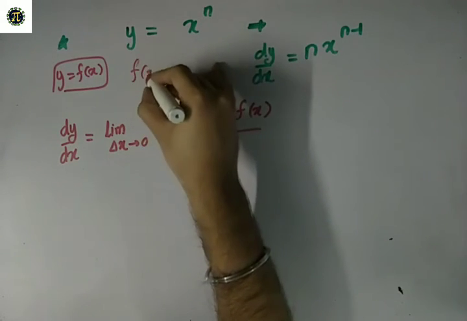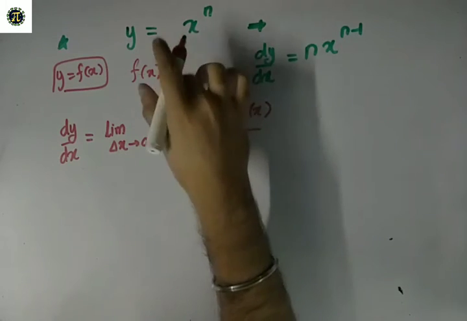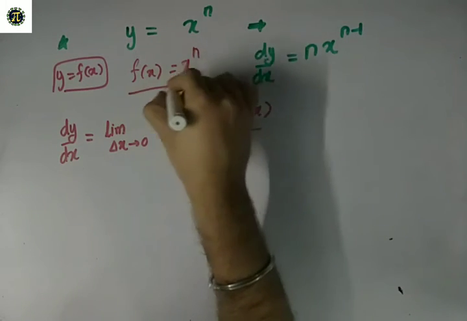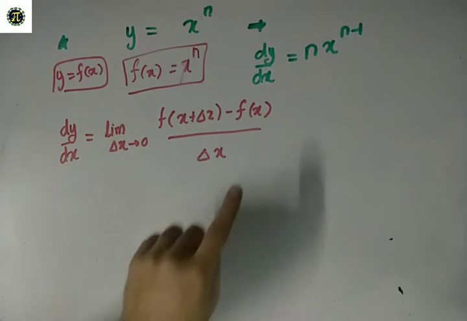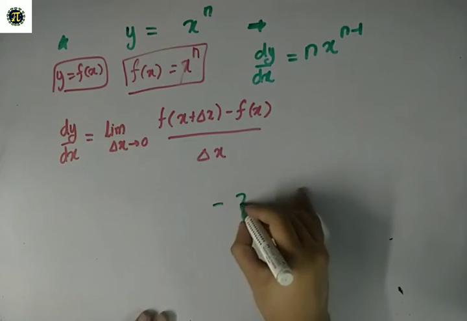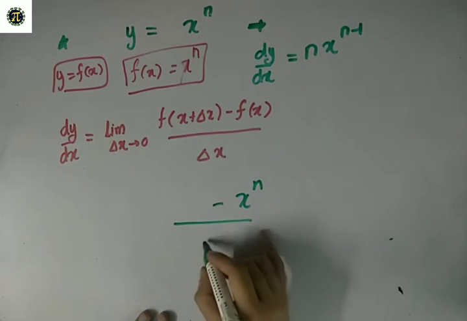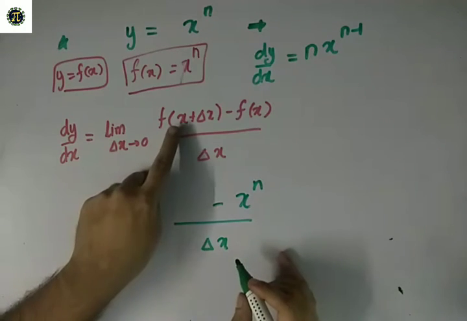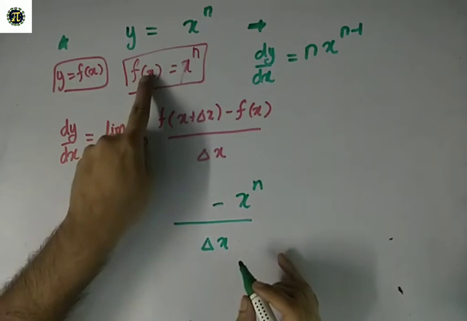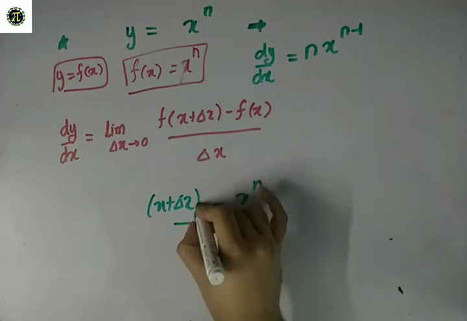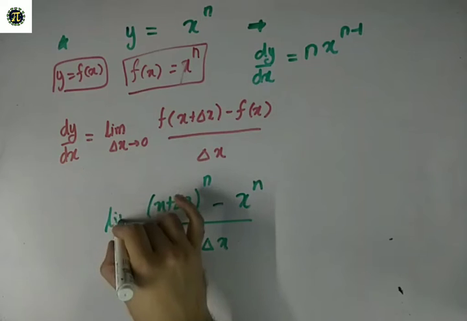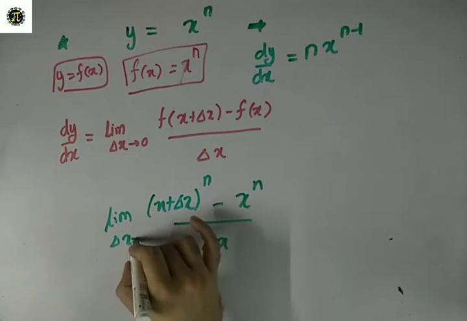We know f of x is x to the power n, correct? So for f of x we can directly put x to the power n, and we have a delta x. What is the value of the function at x plus delta x? We'll put x plus delta x here, and we will have x plus delta x to the power n, and the limit is still delta x approaching 0.